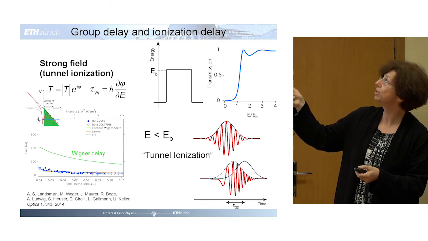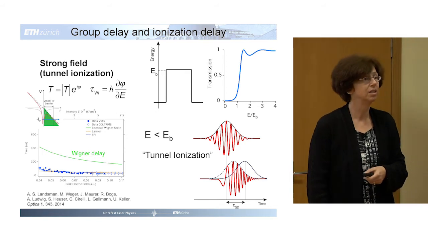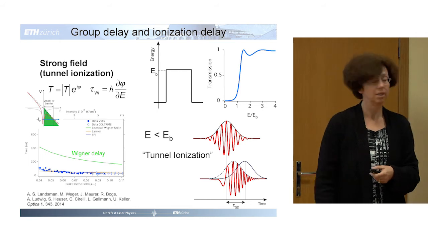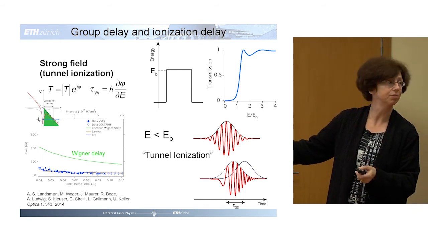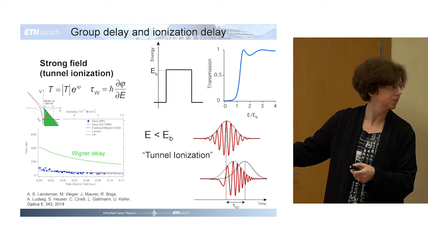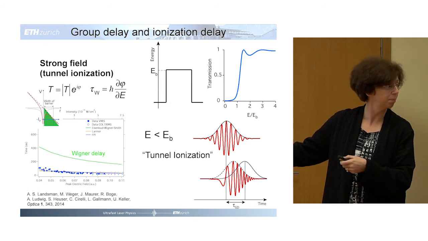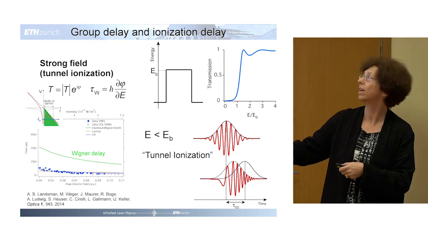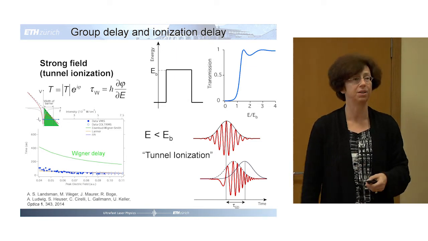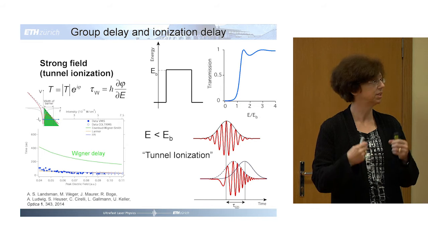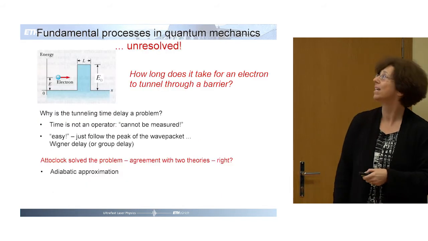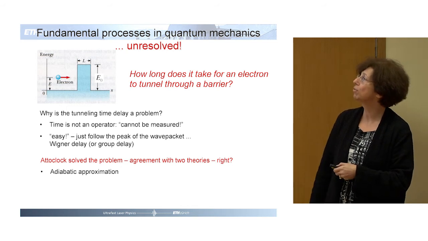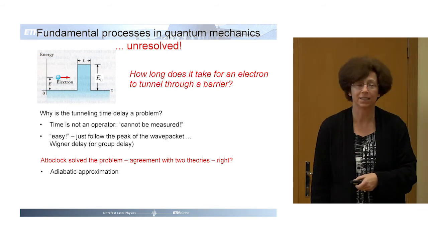And if you have an energy filter in the tunneling transition probability, the peak or the center of the wave packet makes a shift, which has nothing to do with the dwell time. It's simply a filter effect. Therefore, the Wigner time can't be right in combination with an energy-dependent transmission. So that's easy to understand.